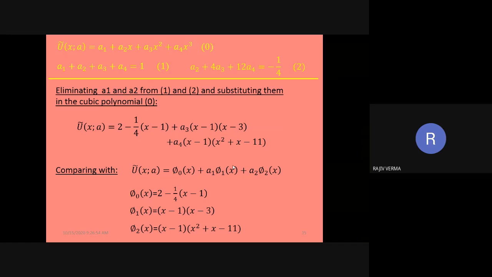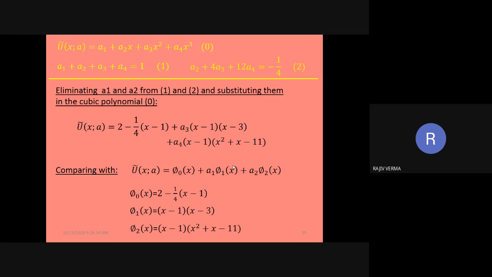The values of A1 and A2 have been substituted from these two equations in equation number 0 to give a modified form of the trial equation. And then on comparing, we have the values of phi naught, phi 1, and phi 2, which are on display now.